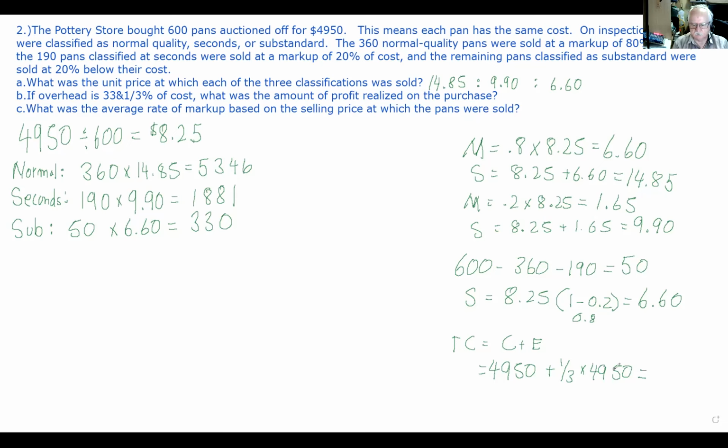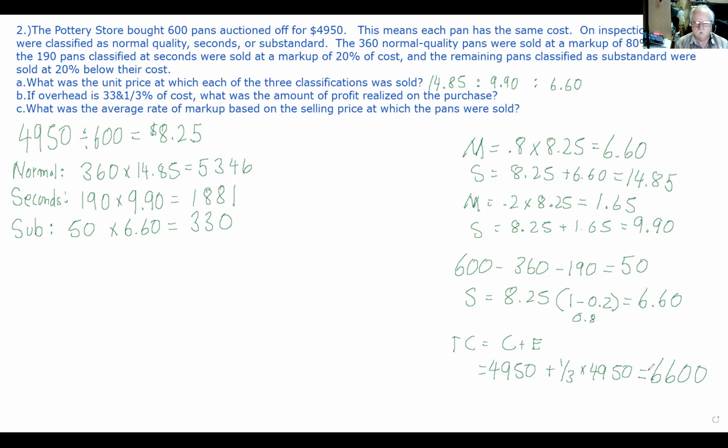So let's find out what all that nonsense is. 1 divided by 3 times 4,950 is indeed 1,650 plus 4,950. So I'm getting 6,600.